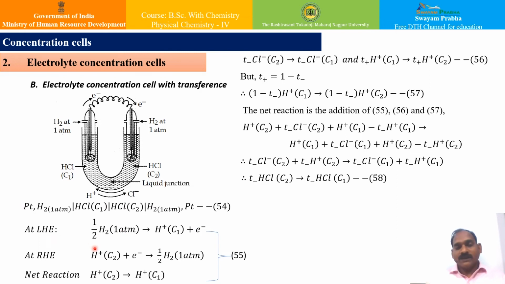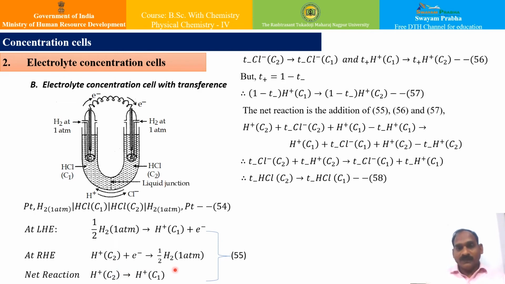Now at the left hand side electrode, again the same thing will happen. The hydrogen at 1 atmospheric pressure will give you twice H plus plus 2 electrons, and the released 2 electrons will be absorbed at the right hand side electrode, and hydrogen will be released. So the net reaction will be H plus at concentration C2 will give H plus at concentration C1.